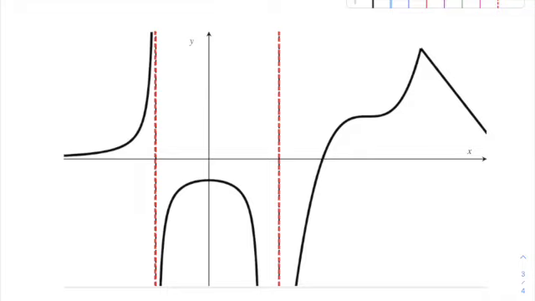Now let's think about this portion right here. We said we're going to look for zeros, look for relative maxes and mins, the critical points on f, and we're going to make those the zeros on f prime. So this portion right here doesn't have any places where it's perfectly flat, any horizontal tangent lines.